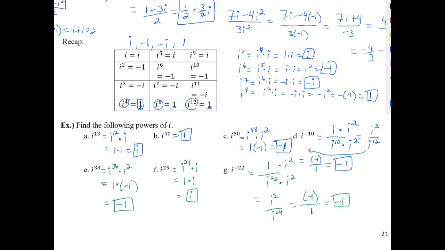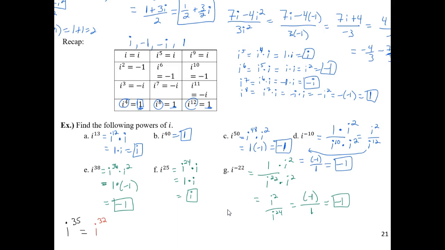And I'm noticing there's kind of one that's missing here, so I'm going to add one. Let's do i to the 35th. Okay, i to the 35th power. What is the closest multiple of 4 that is less than 35? Did you guess i to the 32nd?